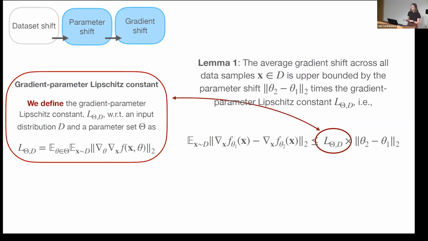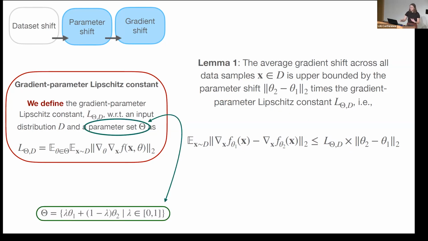And it's going to be the gradients of the model with respect to theta and x. For this parameter set, we use just the line connecting the two models that we're dealing with. You could have a more expansive set of possible parameters, but we stick with this to make the analysis a little more straightforward.